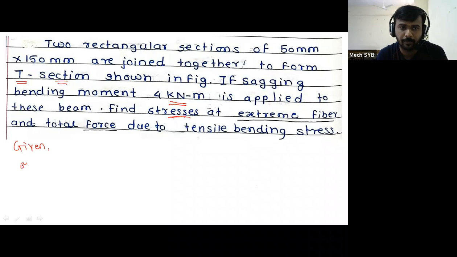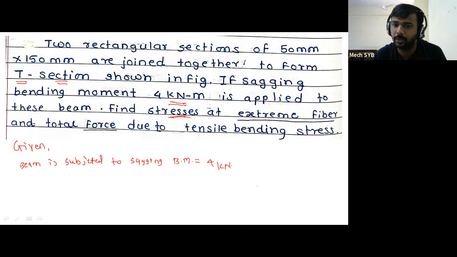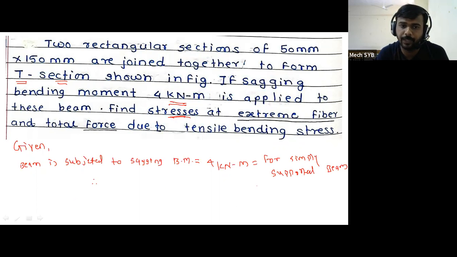So beam is subjected to sagging bending moment equal to 4 kilonewton meter, which is equal to, for simply supported beam. Therefore, your capital M is equal to 4 kilonewton meter.